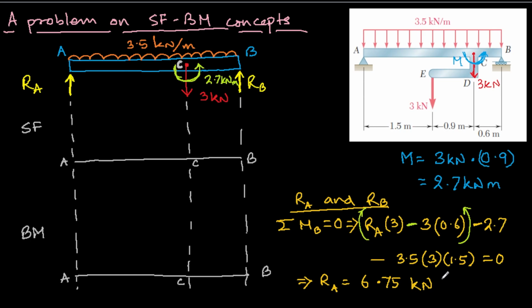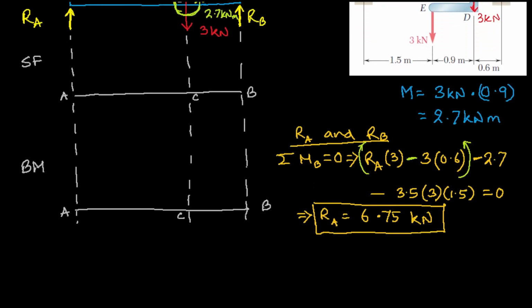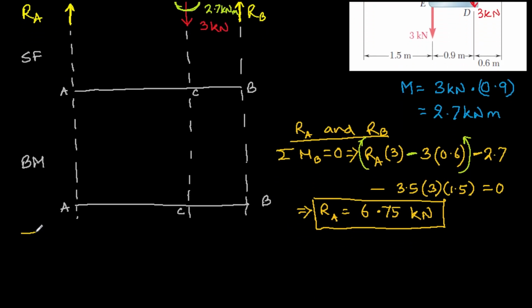Okay, so RA is evaluated now, and using a similar process, by taking moment about A, or by summing all the vertical forces, you can get RB, and it will also come out to be 6.75 kilonewton.